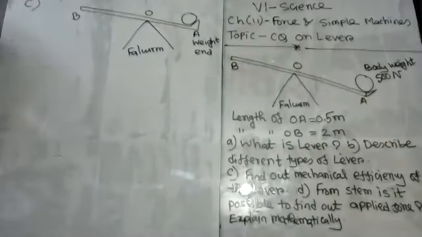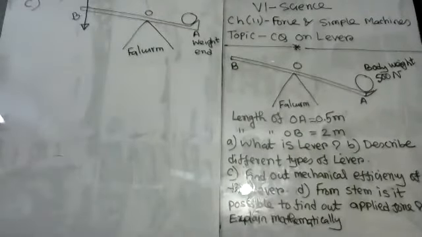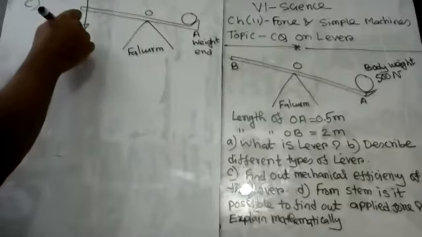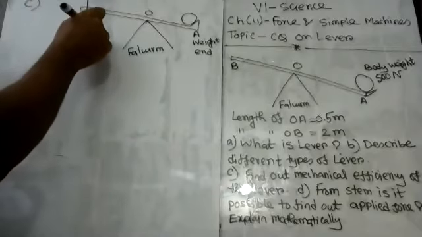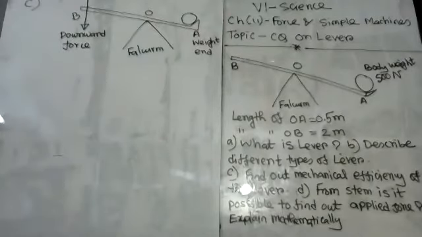You see that at point B, you are going to apply some downward force. At this particular point, to lift this body, you are going to apply a downward force, and this downward force is applied to lift the body.